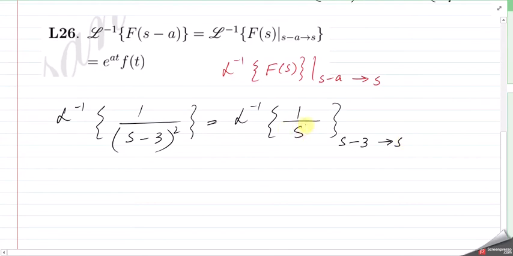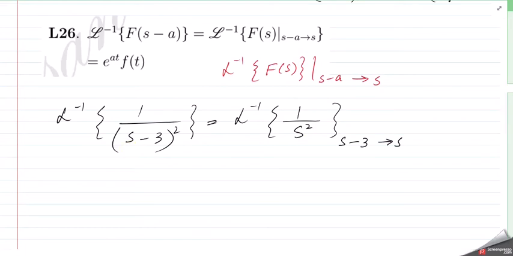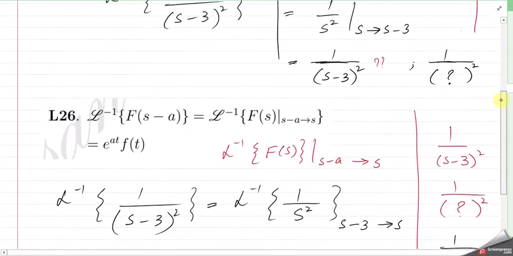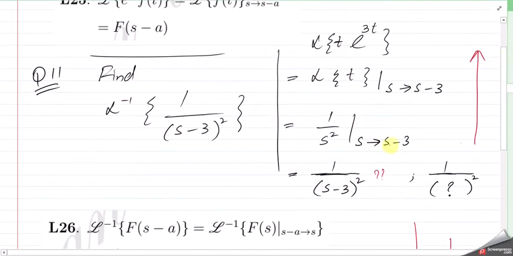So what will be the situation? This will become s square. I have put now quite the reverse of what we were doing before. Here I'm going to replace it with 1 over s square. Quite the opposite. Now s minus 3 becomes s.